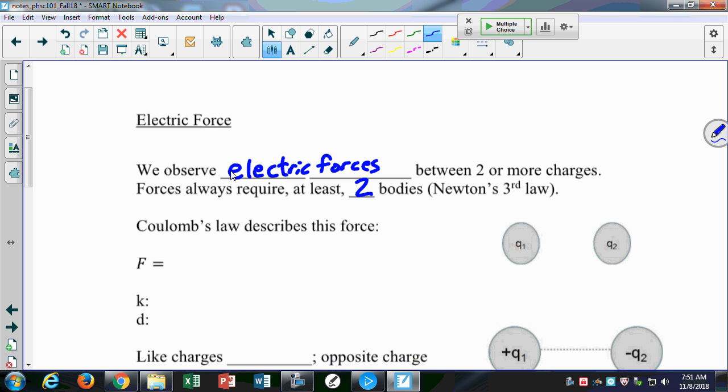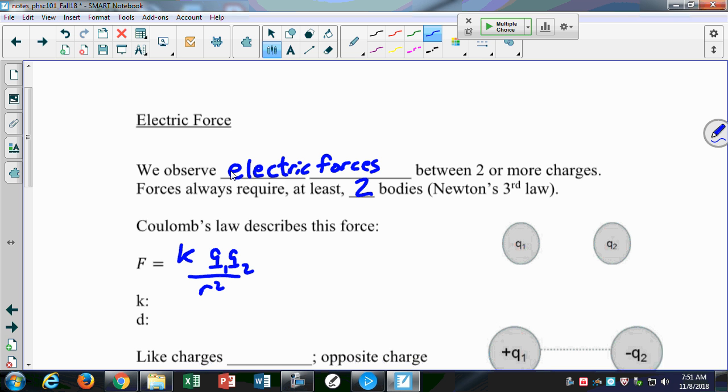And then Coulomb's law describes this force. We've seen something very similar before. Let me just write Coulomb's law. F equals k Q1 Q2 over r squared. Those are my 2 charges. They're going to be separated by a certain distance. That's going to be my r value.